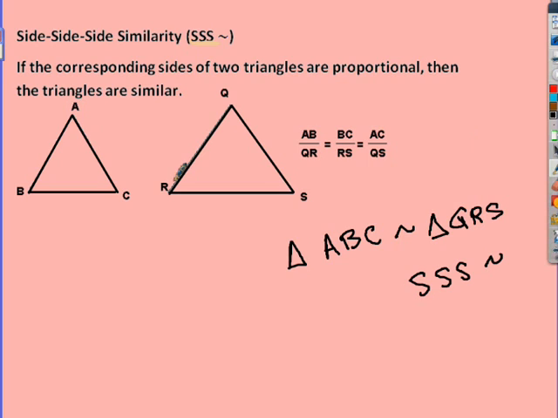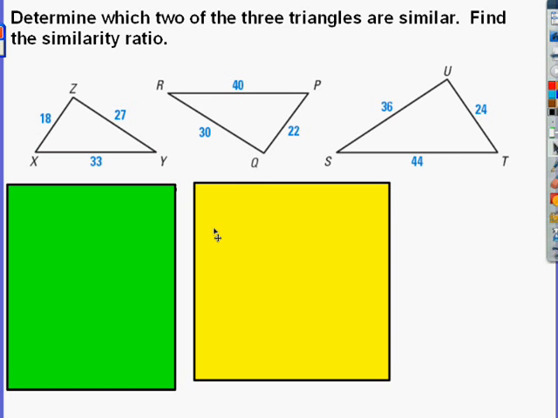Alright, let's check out a problem. Okay, this is our last slide. Copy the sentence down, the first two sentences, and all three triangles. You do not have to copy down the green rectangle or the yellow rectangle. So the directions say which two of the three triangles are similar.